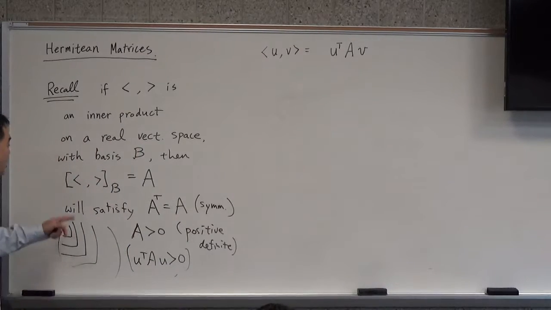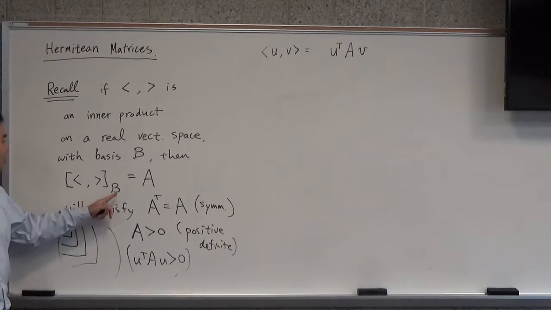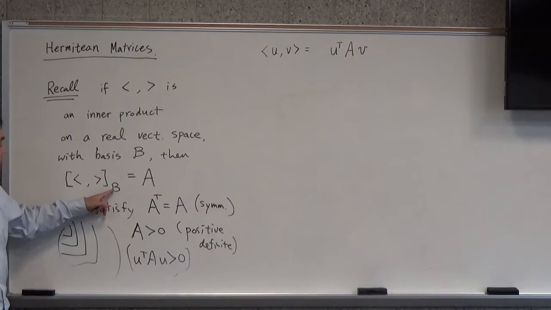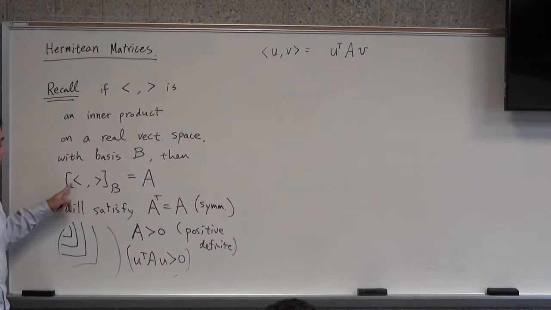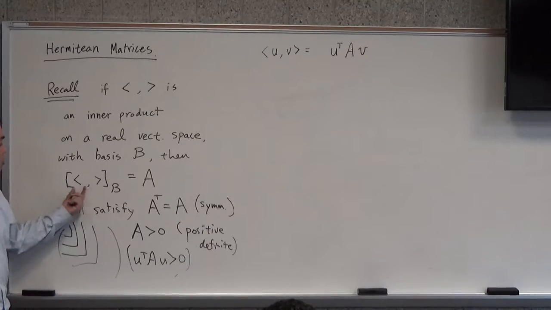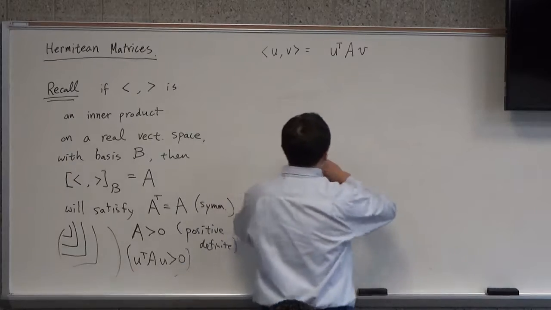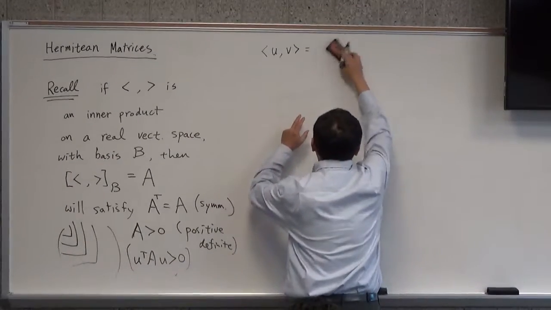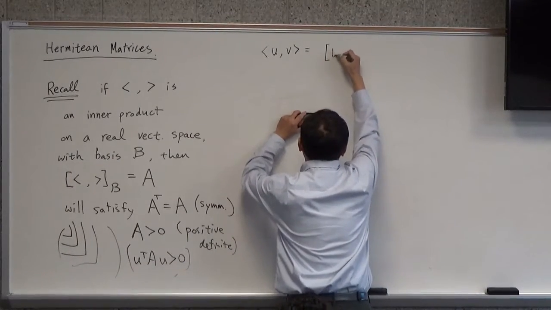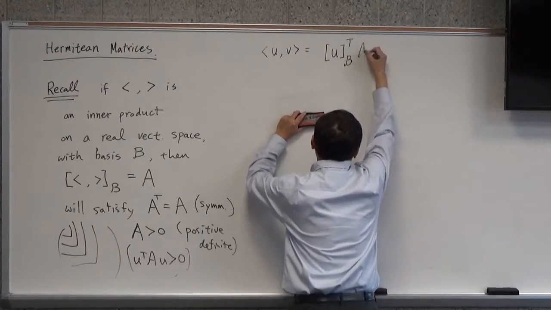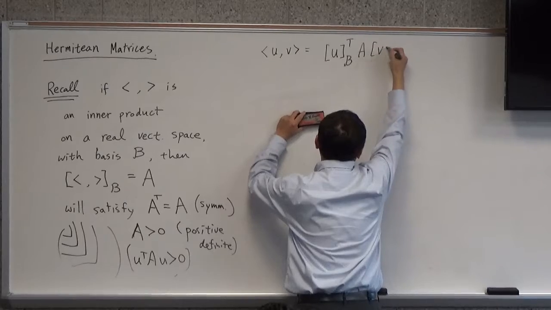So when I say the representation of the inner product with respect to this basis, I really should write U under this basis, transpose A, V under this basis.